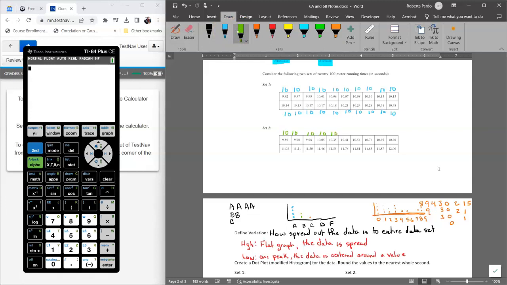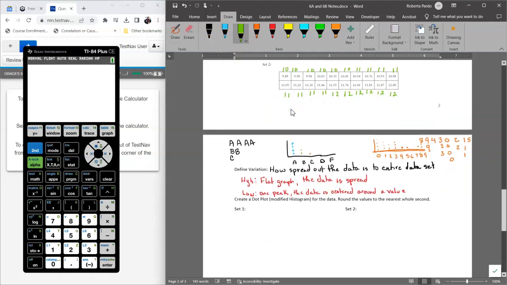And we have some more 10s. But once we get to, oops, those two would be 11s, because we're rounding up now. So this is 11, and some more 11s here. Now we have a 12. So in this case, there is very low variation.